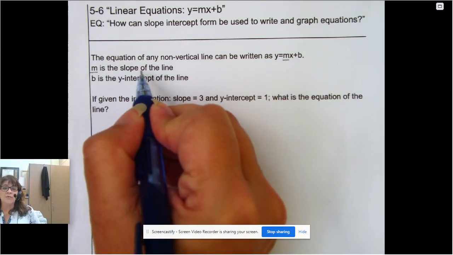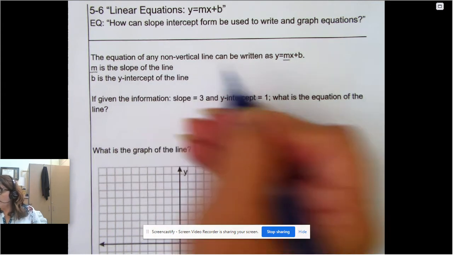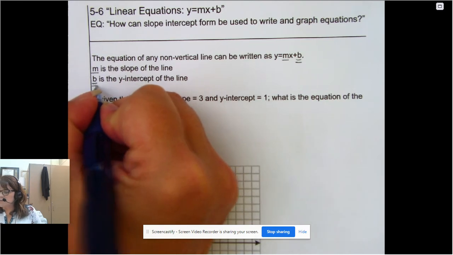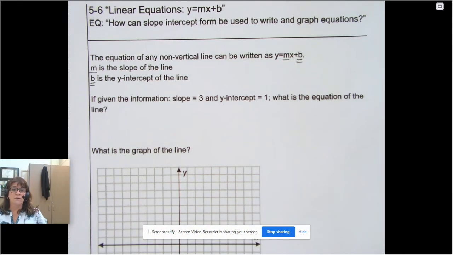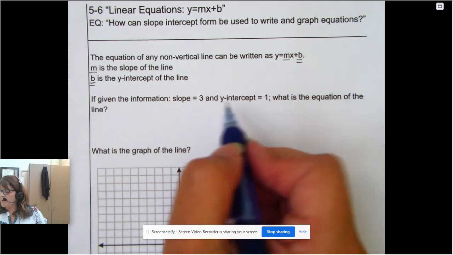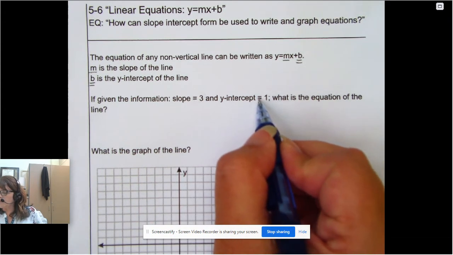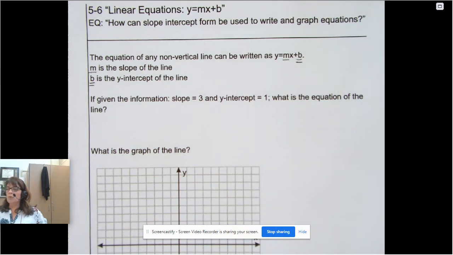So in previous lessons, you have definitely learned that m in this formula represents the slope of the line. And b in this formula, we just learned, represents the y-intercept of the line. So if we're given the information of what slope equals and what y-intercept equals, we can write an equation.